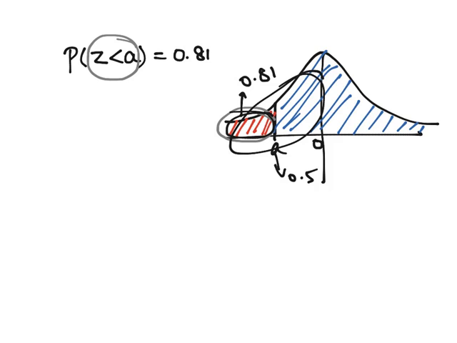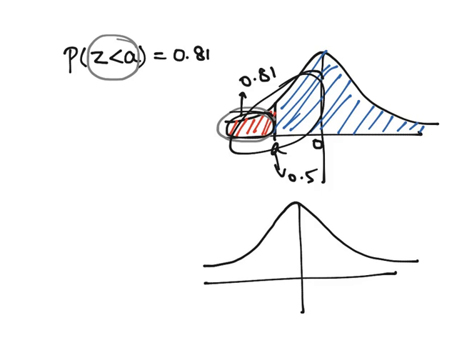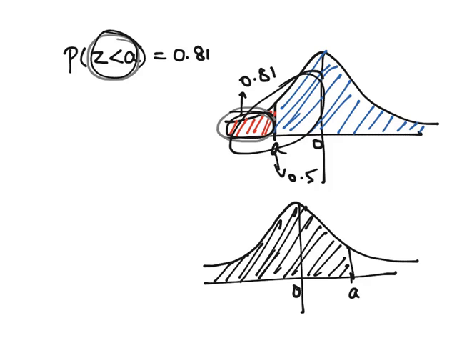So the correct diagram looks like this. So here I'll draw 0. A is here. Less than A means left hand side. So this area less than A. Now definitely this area can be 0.81. So now for me the tail is left. So go to distribution, go to normal, go to inverse normal.